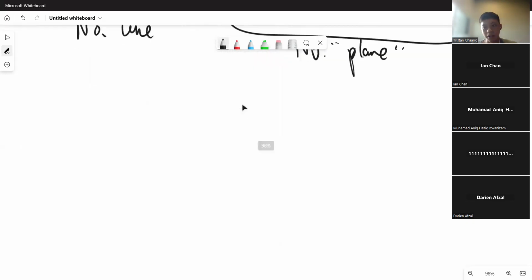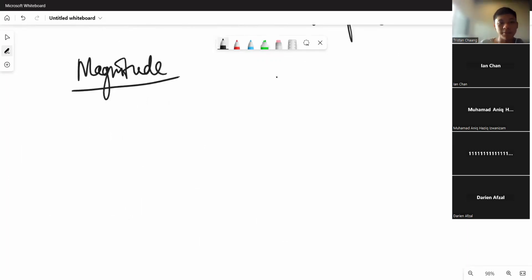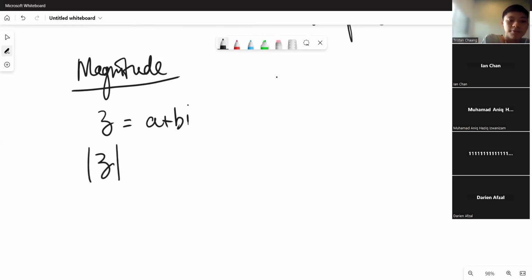Okay, using an Argand diagram, we can do quite a few things. For example, we can talk about the magnitude of a complex number, or the absolute value of a complex number. So if z is a plus bi, I define the absolute value of z to be the distance from 0.